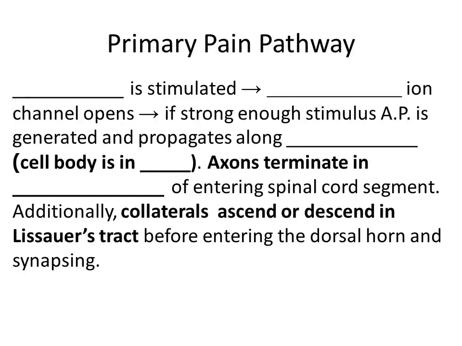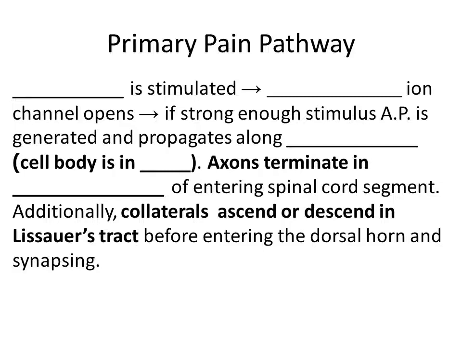What type of ion channels are opened? If we have sufficient summation of these different EPSPs at the trigger zone to generate action potentials, those action potentials are going to propagate along what size first order neurons?